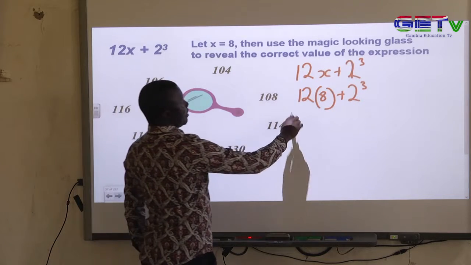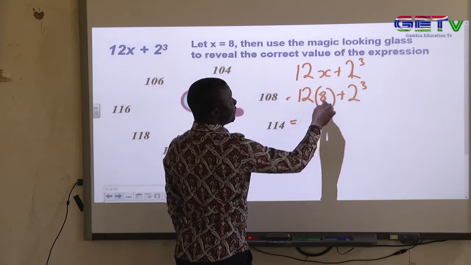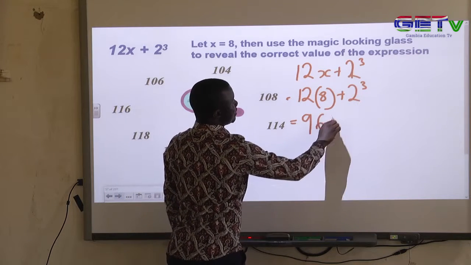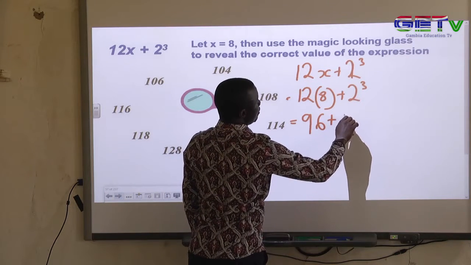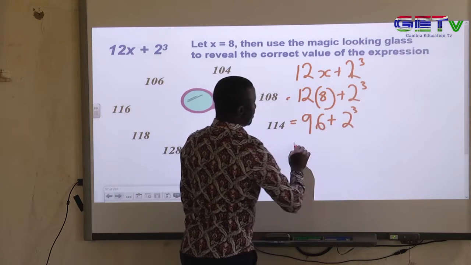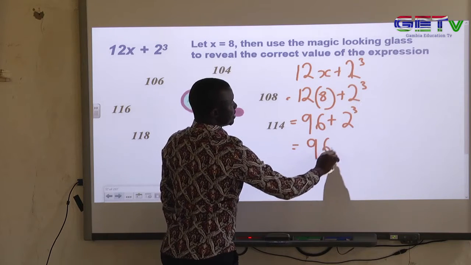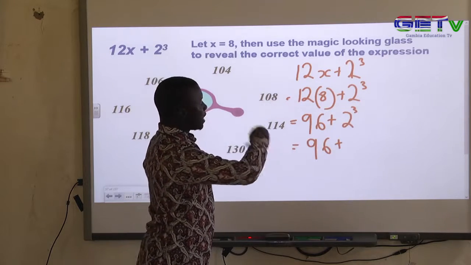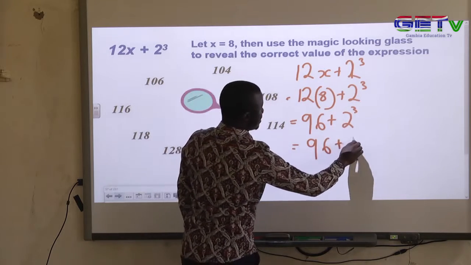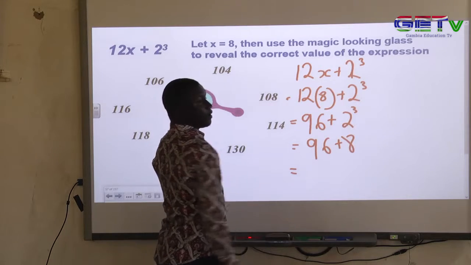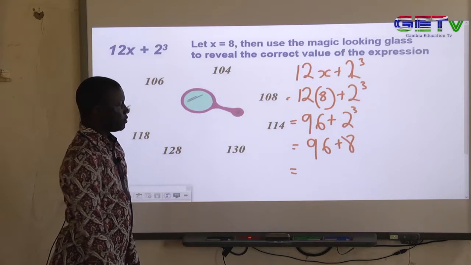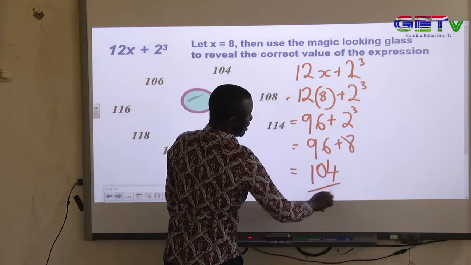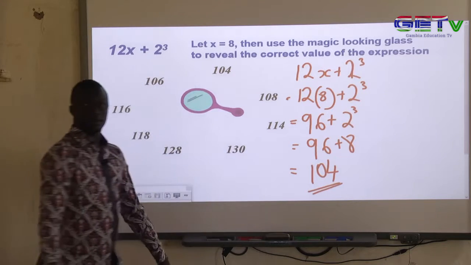And our next step shall be 12 times 8, which is 96, plus 2 to the power 3. This will be 96 plus 2 times 2 times 2, the cube of 2. 2 times 2, 4 times 2, 8. 96 plus 8, we shall have 104 as our answer here.